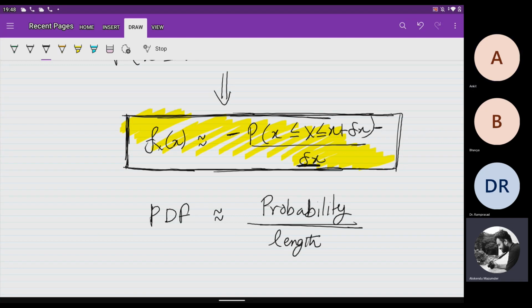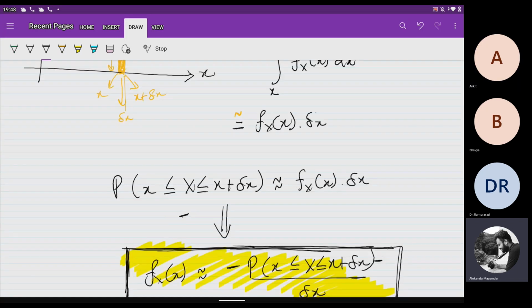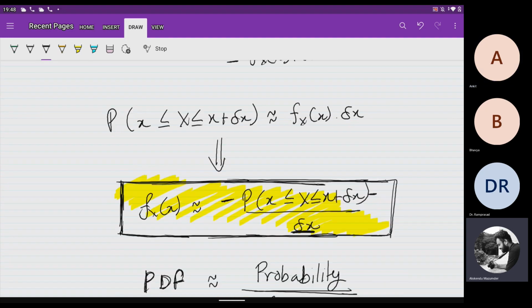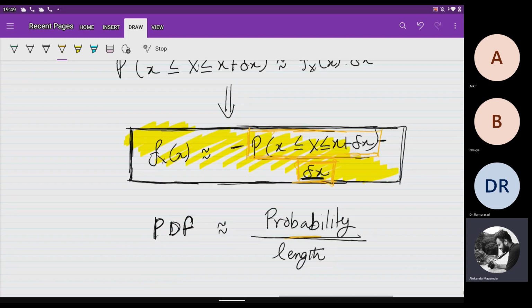I can say that this particular dx here is a length, and this thing is a probability, and this thing here is a length in a real number line.